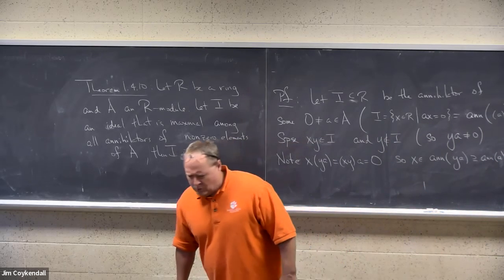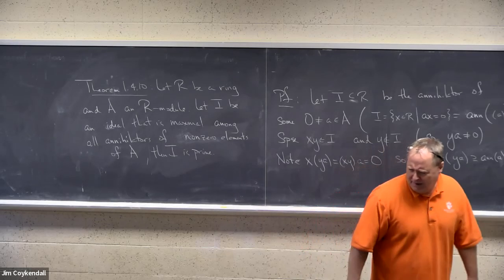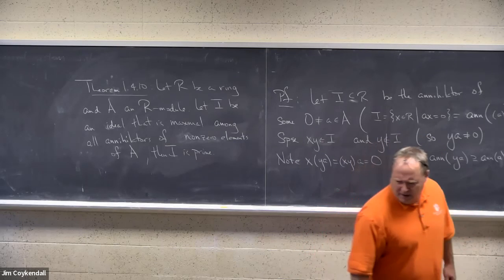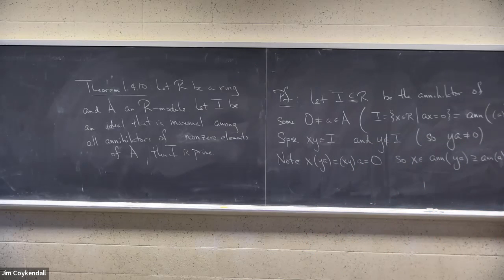And number 2, every ideal of R is finitely generated. Such a ring is called Noetherian.